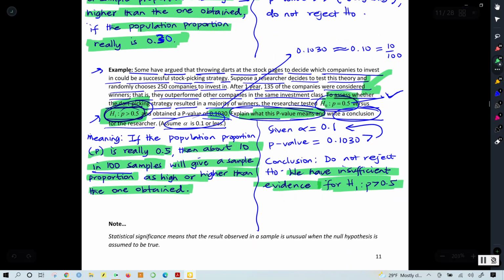So it is a good time to note what hypothesis testing, which is otherwise called a test of statistical significance, means.